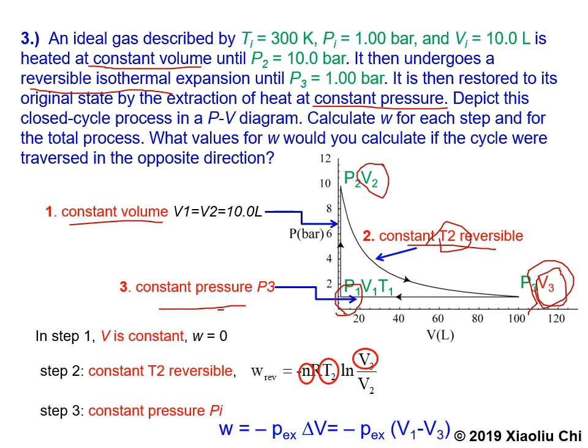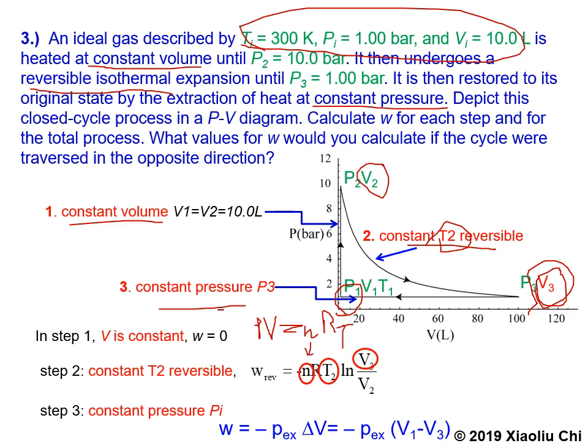How do you find n? If you look at the initial state, you have temperature, pressure, and volume, and you can use the ideal gas law to calculate the number of moles. So PV equals nRT.